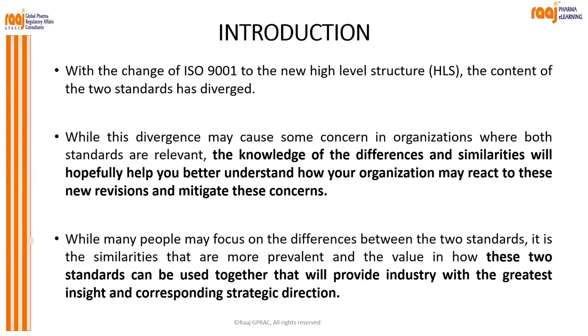But how you capture all the differences in your quality manual depends on your skill set. Some people focus on one standard, ISO 9001 as a generic standard, and some would like to go for both together.